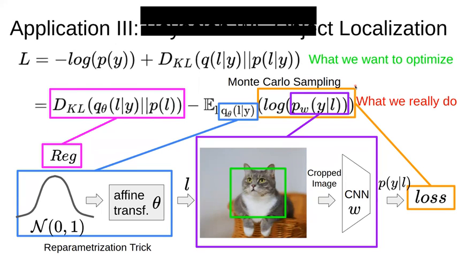So it's what is normally used for learning a model when we perform, for instance, object classification, and it's minus log of the probability of a given class.